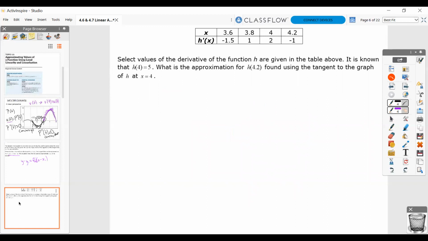So here's our example. We're given selected values of a derivative. It is known that h of 4 is 5. So h of x is our position. And we're told specifically that we have the position (4, 5).